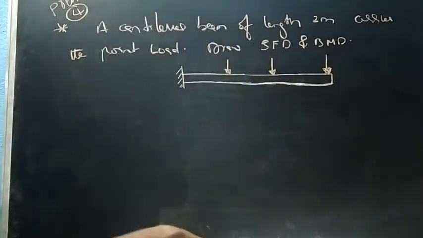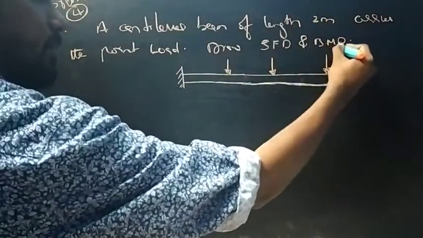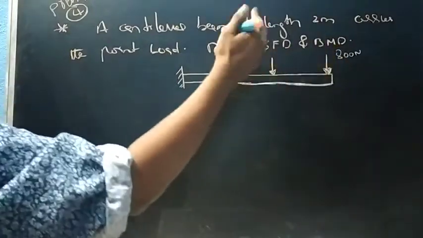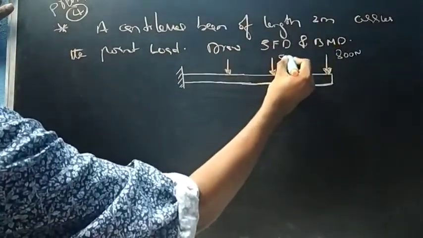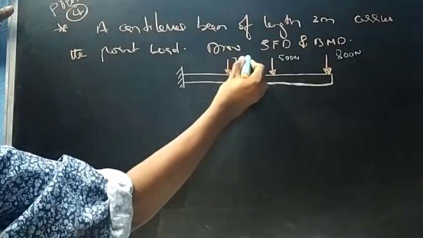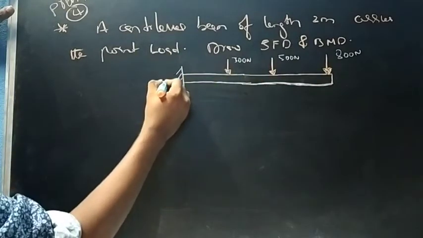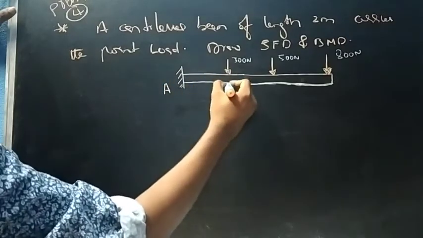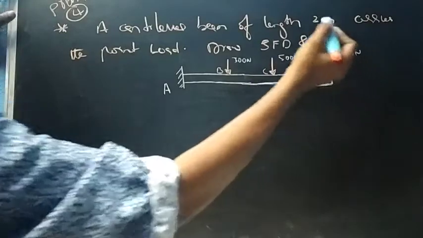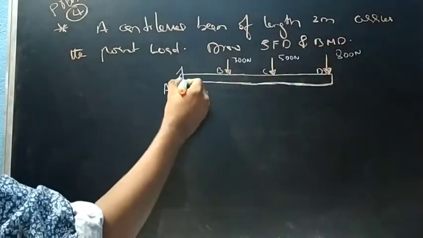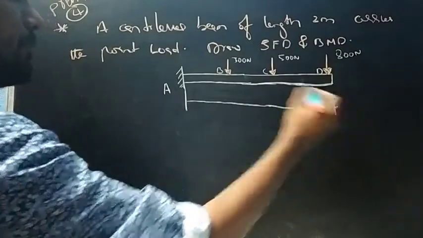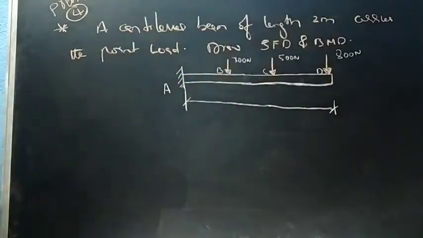Okay, so 800 newtons, 500 newtons, and 300 newtons. Let's say this is A, B, C and D. The total distance is given in the question, that is 2 meters.